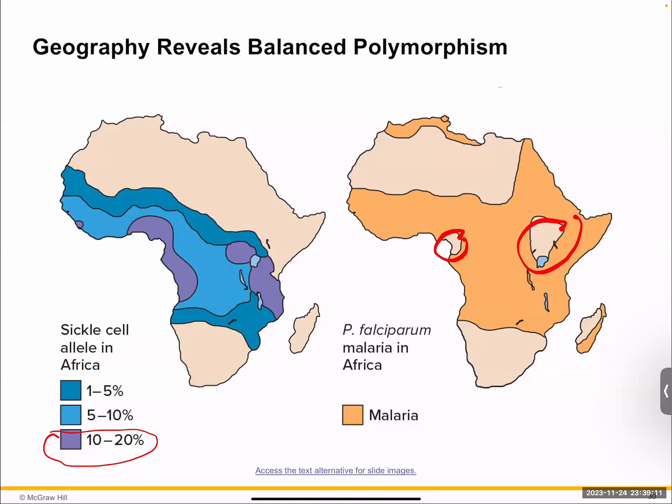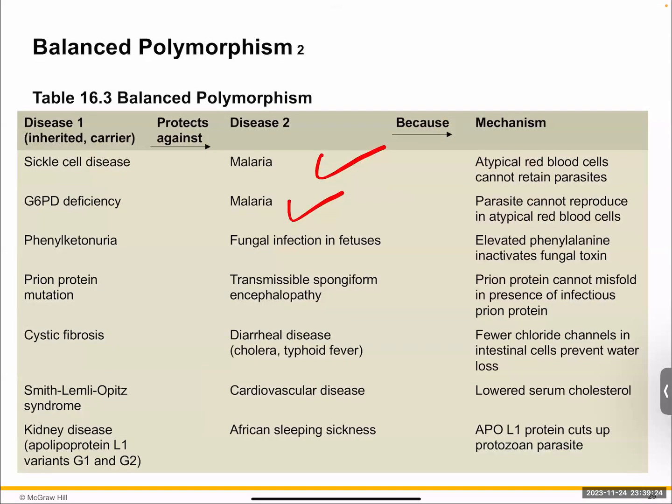So if you have really high levels, you may actually see a significant decline in the development of malaria, which is really good. And then I just want to highlight a couple of other medical conditions.